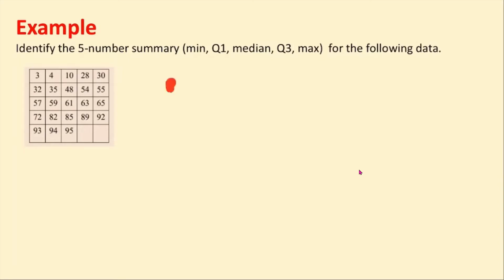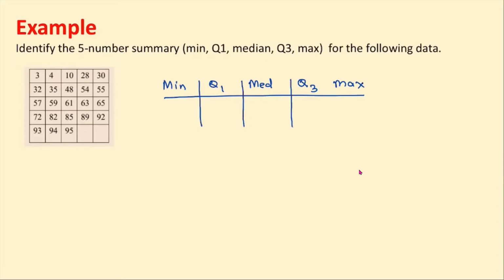So we want the minimum value, the first quartile, median or second quartile, third quartile, and maximum. Because the data is already well arranged, it is easy for us to find the minimum and maximum value.